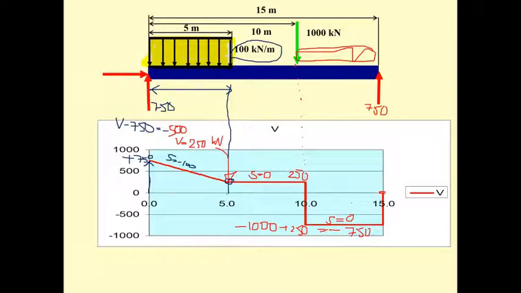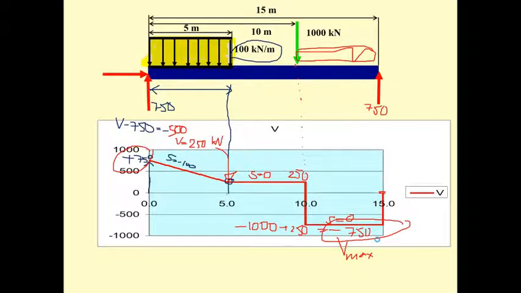That is the shear diagram, in which we have the maximum shear of plus 750 and also minus 750. That's the Vmax for this beam, plus and minus 750.